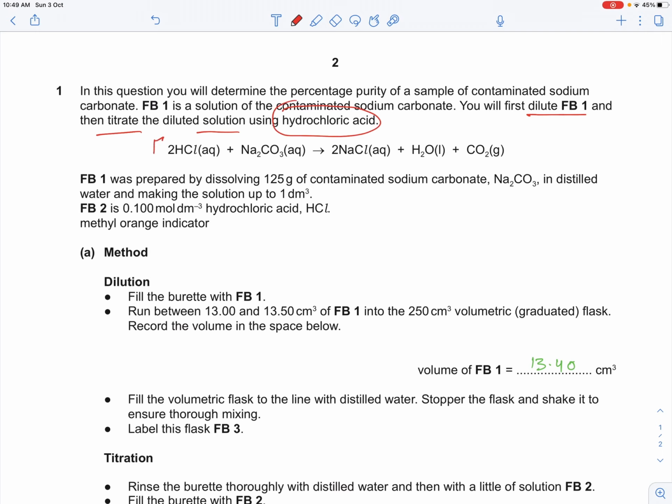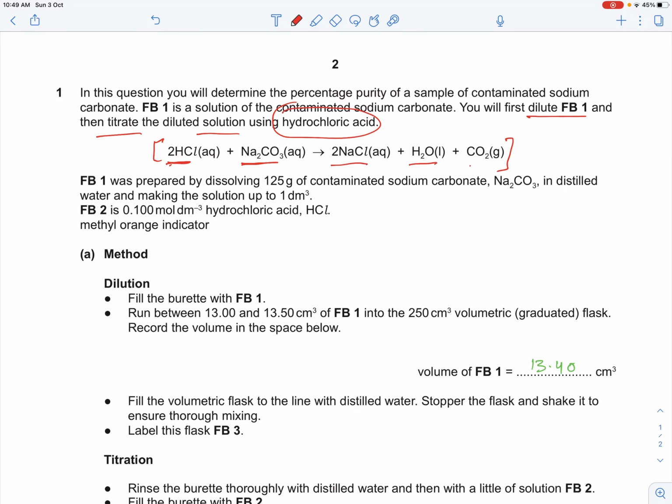And this is the chemical reaction between hydrochloric acid and sodium carbonate. 2 moles of hydrochloric acid react with 1 mole of sodium carbonate. And as you all know, when an acid reacts with a metal carbonate, we get salt, water, and carbon dioxide gas.